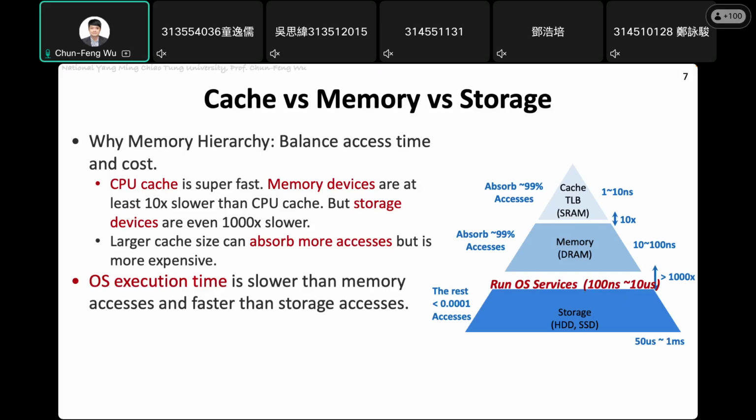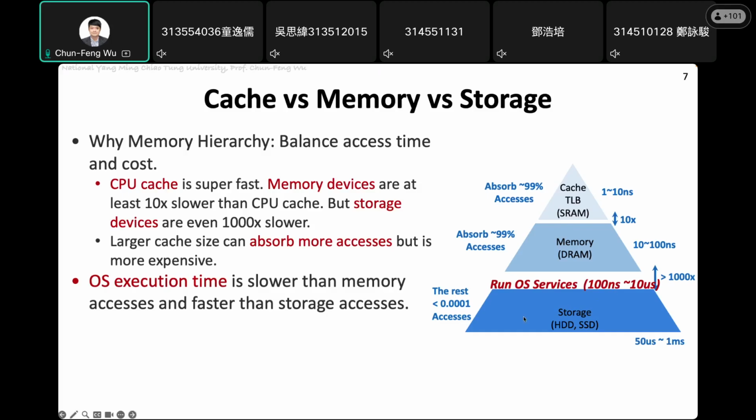And usually your scheduler code is maybe several hundred lines, which becomes several thousand instructions. So the CPU will take a couple of nanoseconds to run this Linux source code. This is the reason why running operating system services still takes time: it needs 100 nanoseconds to 10 microseconds.